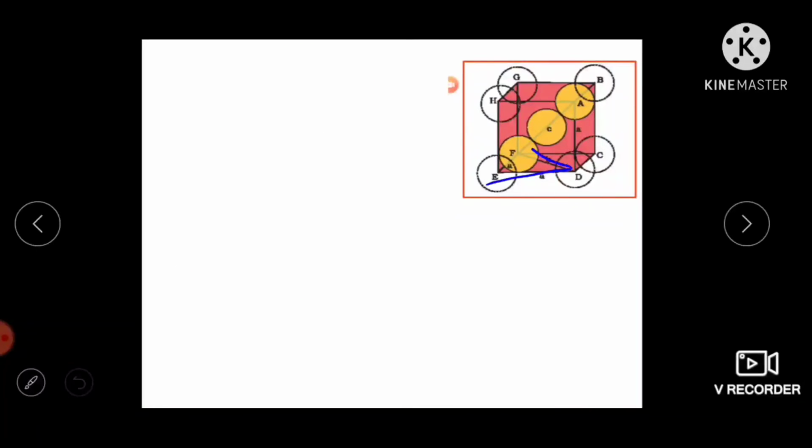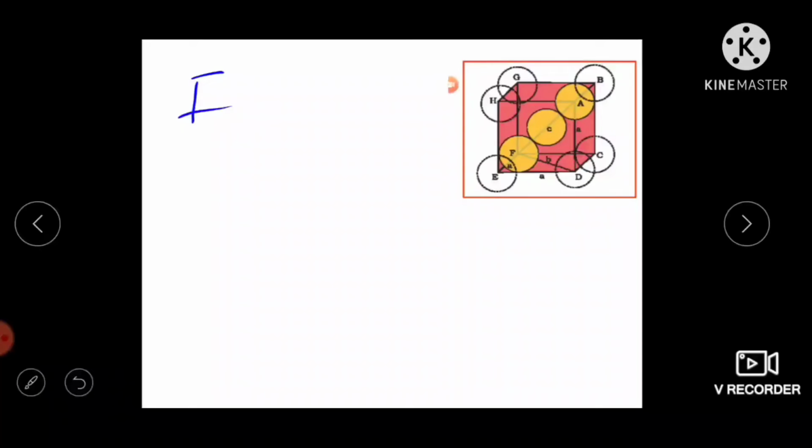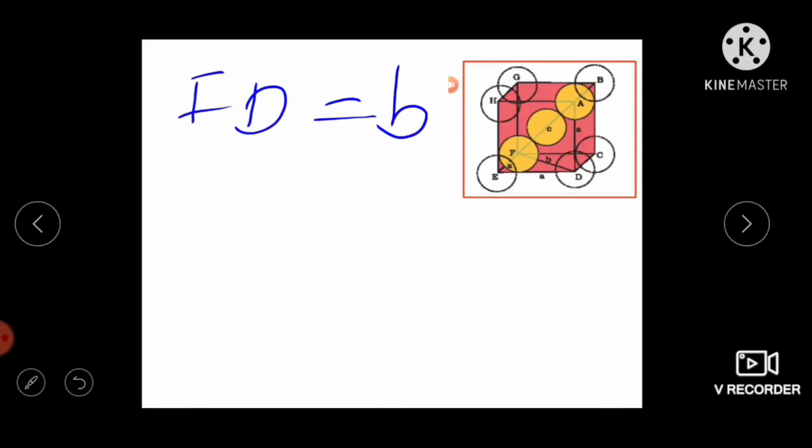Triangle EFD is a right angle triangle. According to Pythagoras theorem, FD square equals EF square plus ED square. Let us assume FD as b, small letter b, and ED and EF are edges.